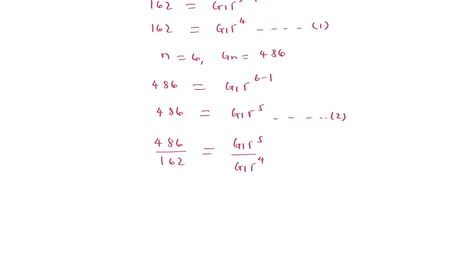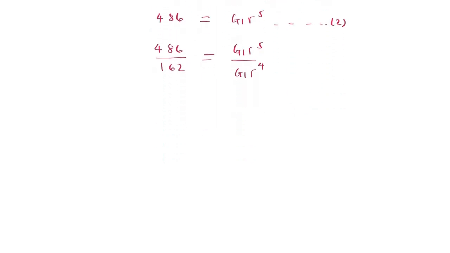Simplifying our left hand side, the value is going to be 3, and for our right hand side, G1 is going to cancel, and we apply the exponential rule. Then our equation is going to be 3 equals R power 5 minus 4, of which, solving this, we have R equals 3.